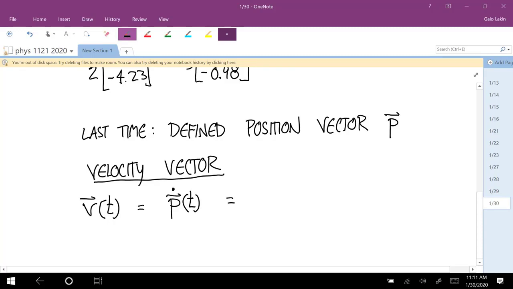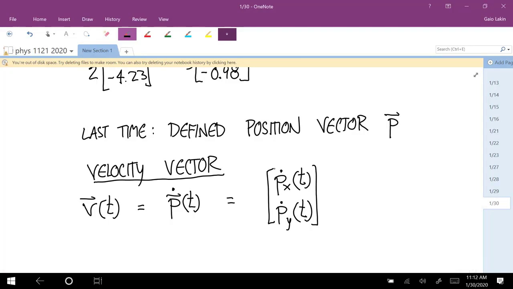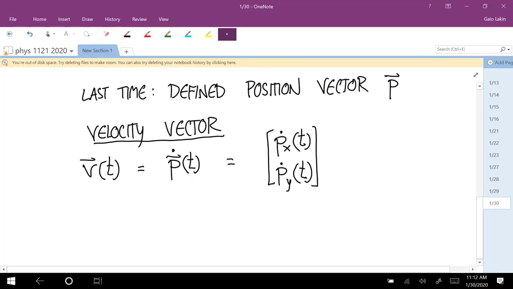And the way derivatives work with vectors is you just take the time derivative of the x component and the time derivative of the y component, and those are the components of the vector. Now the way to think about the position vector, as I said last time, is basically to think about the coordinates of the object in whatever your coordinate system is.